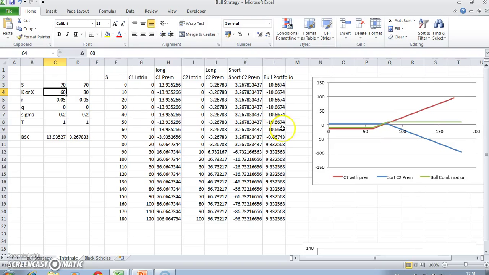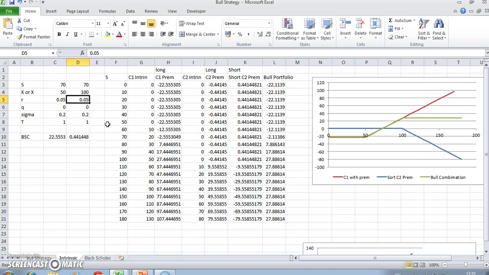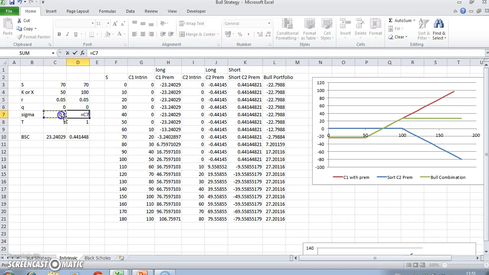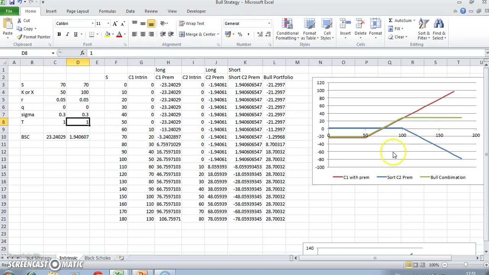And everything adjusts. And maybe we might widen 50 and 100. We could increase the volatility to 30%, and it must be equal to the same, and look. And change this to 80.